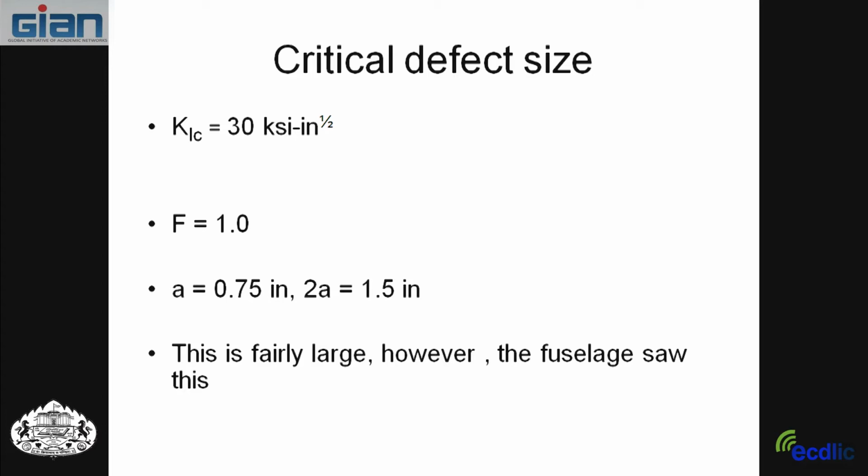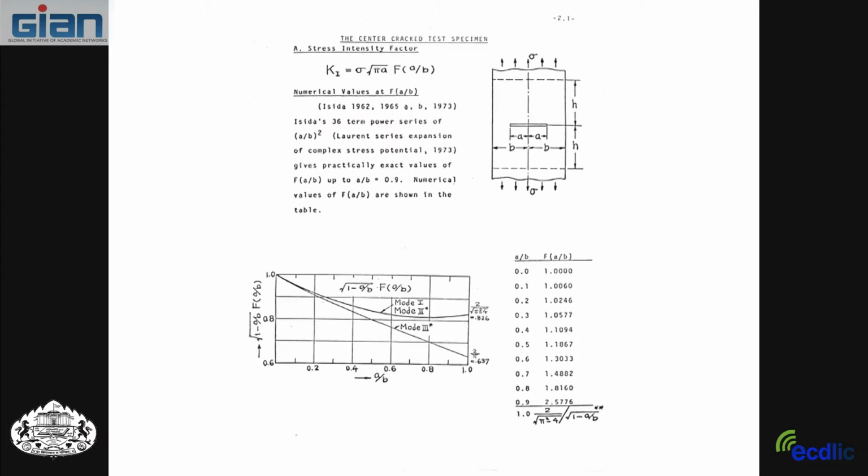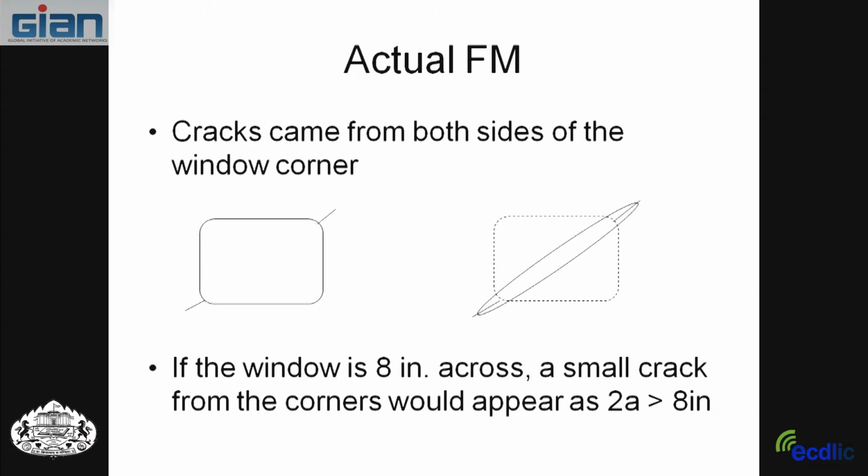However, when you have a crack coming from a sharp corner like this, the corner would be a stress riser, but when it gets away from the corner, what the crack is seeing is the whole thing from tip through the window to the next tip. These windows were about 8 inches in the diagonal, so a small crack from the corner would appear as 8 inches plus.